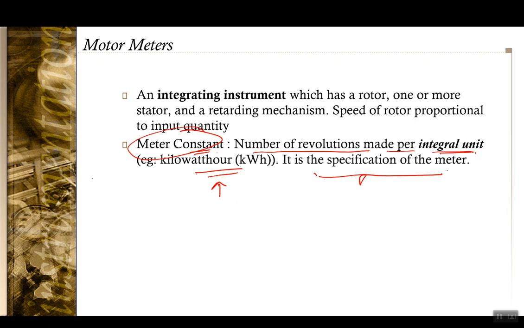This meter constant will depend upon a number of parameters of the instrument, it congeals many different parameters of the instrument, and from the user point of view, this is the only constant that is of relevance.